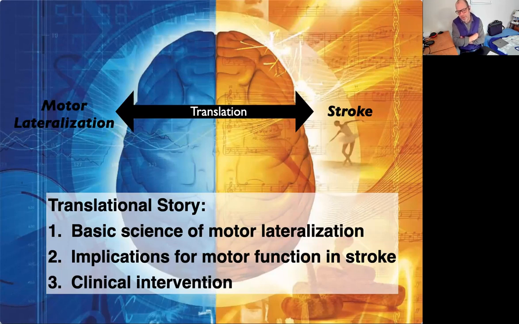And you'll see basically what happened was I was studying motor lateralization. I didn't want to, but I was studying something else and I had this asymmetry and it was really frustrating to me. My wife said to me, what are you, an idiot? You're an occupational therapist. It's called handedness. Why don't you study it? And my response was, I don't want to study handedness. And I ended up taking her advice as usual and studying it.